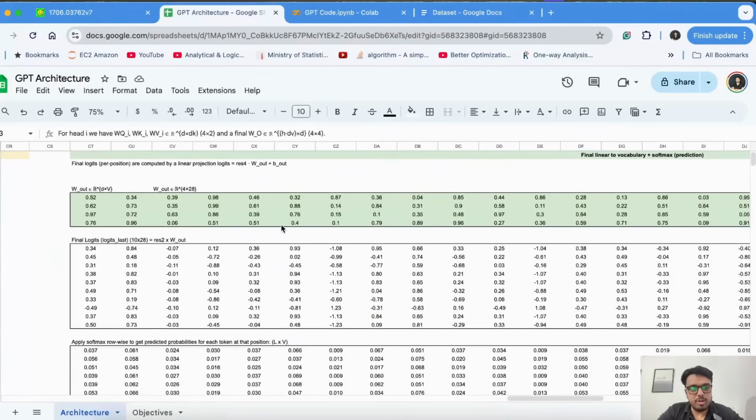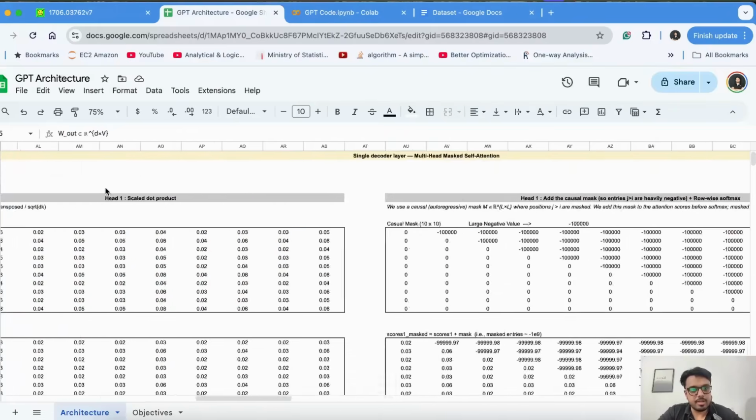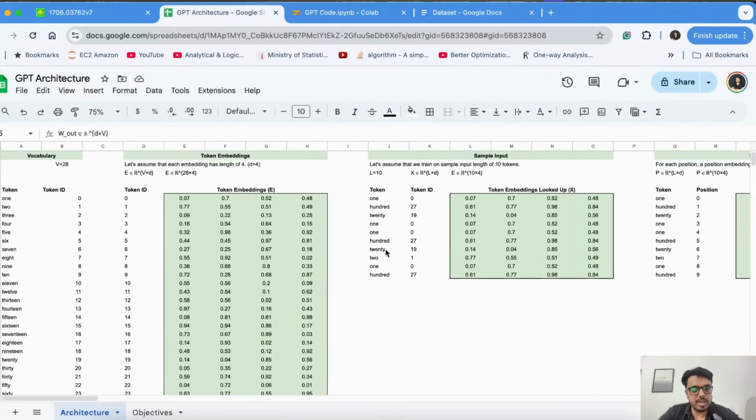So what we will do is initiate a weight matrix of dimension d cross v. Here d is the length of each token embedding that we defined, which is 4, and v is the vocabulary size, which is 28 for us.